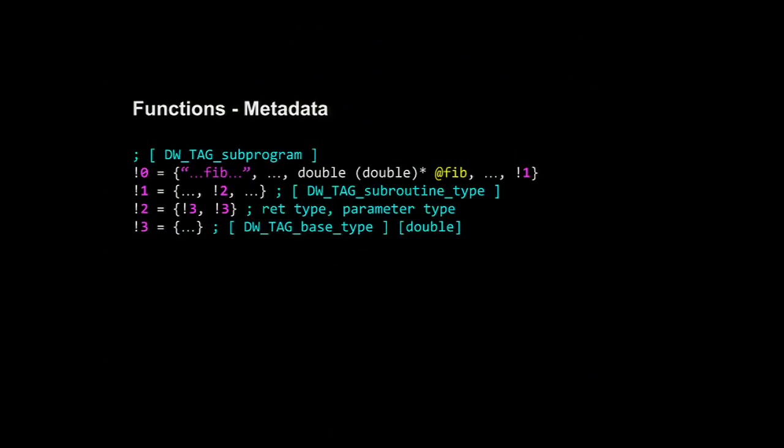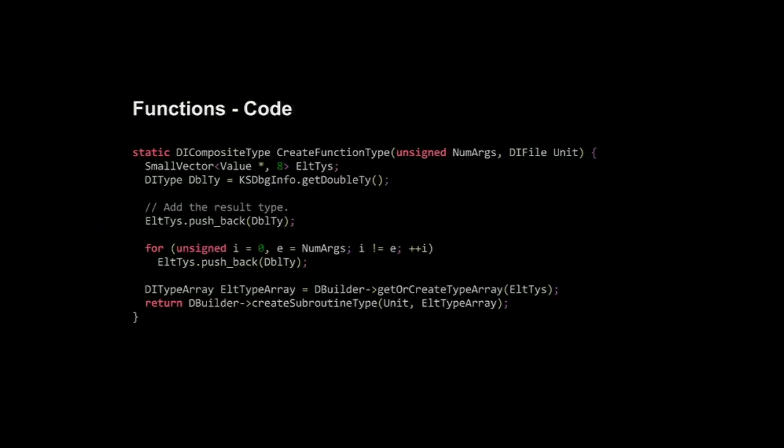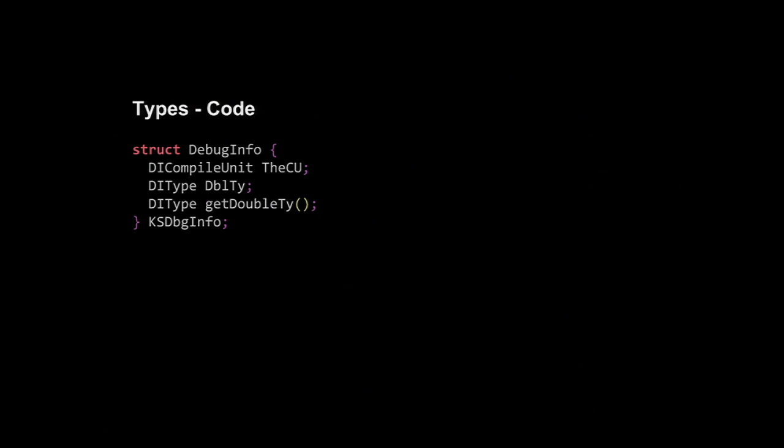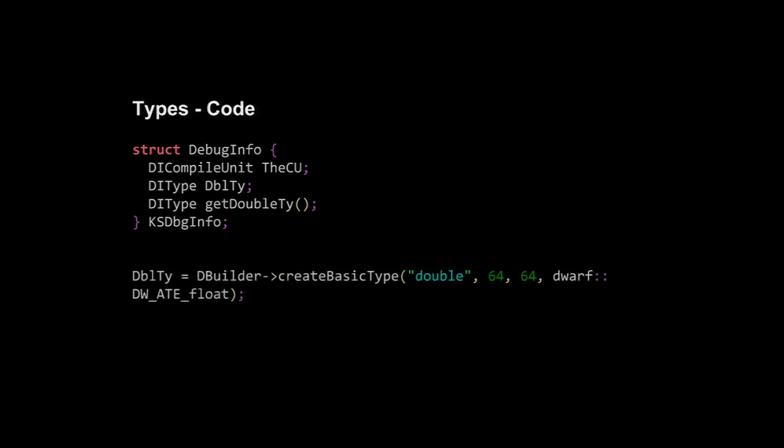Well, what if your type is only used by that function? And this gets us into what things like comdats were originally used for, which is stripping debug information out of the final executable when you're linking. You only want one version. If this is part of the comdat and nothing else uses it, you can just discard it. We don't really have that notion in LLVM IR, and metadata definitely doesn't use it.